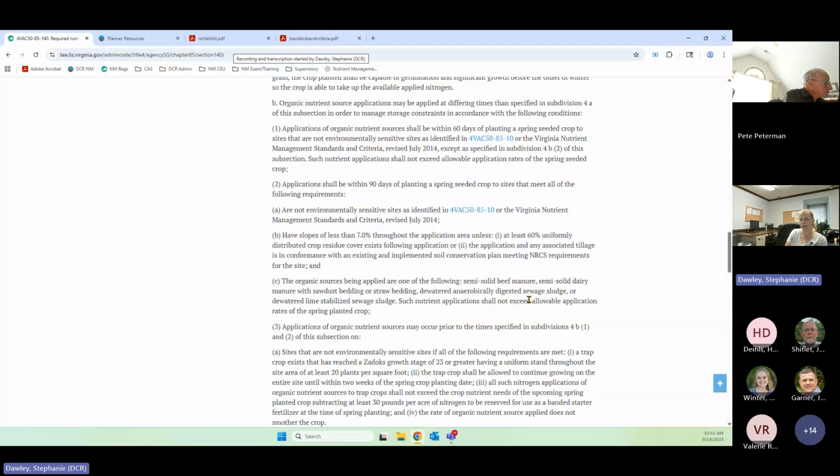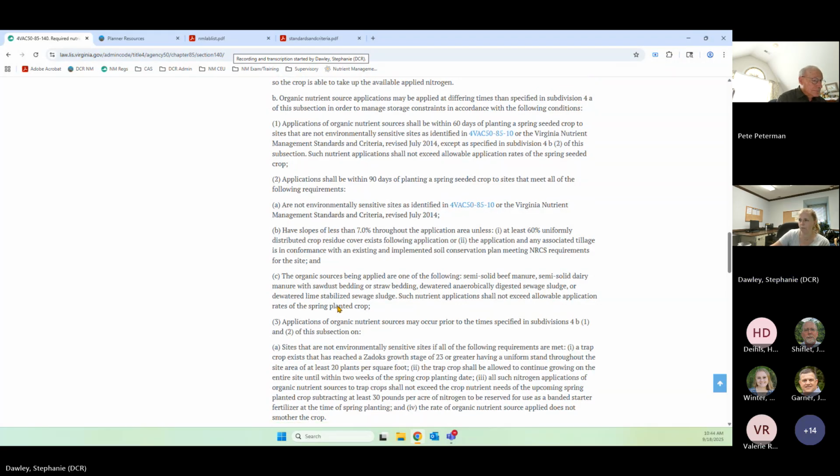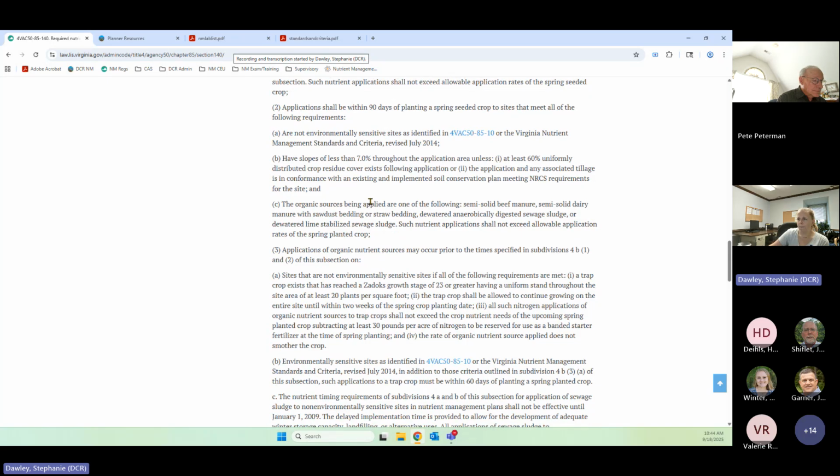You can't really put a liquid because it's probably going to be on frozen ground for the most part. And so if you have any of those situations with manure that's solid and you need to spread it out in January before the spring planting, you can get away with it. But due caution is needed.